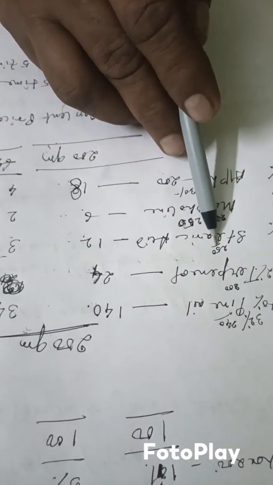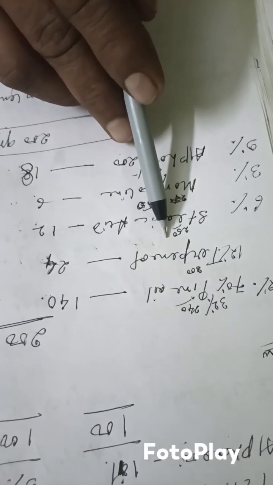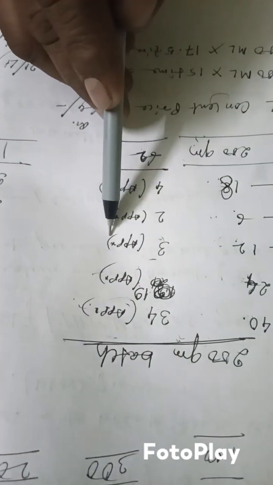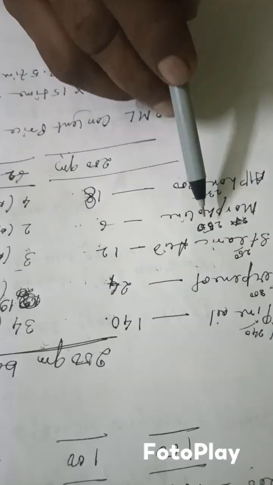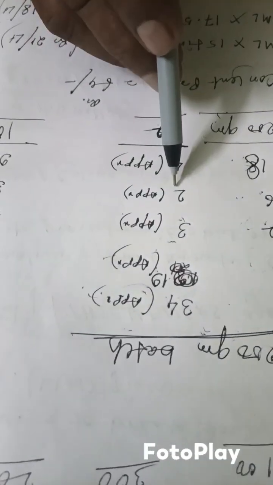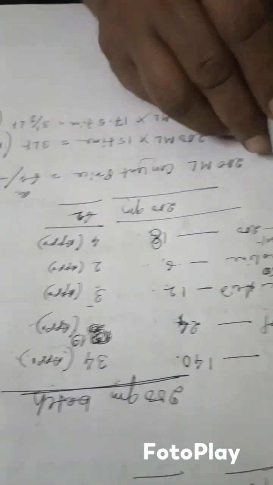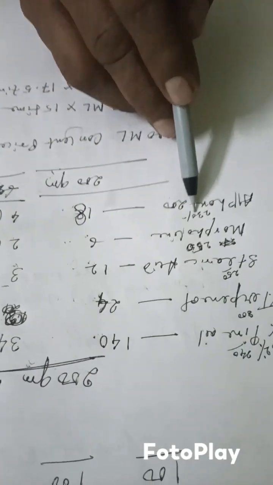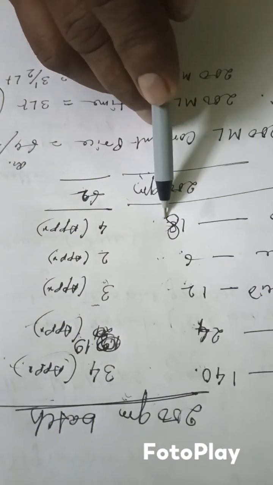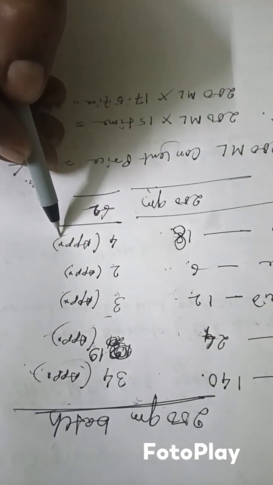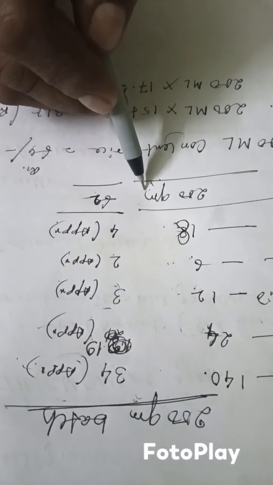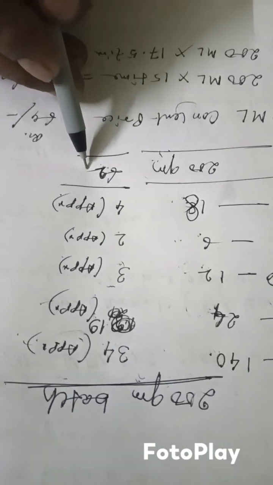Stearic acid 250 rupees per kg, 12 gram, rupees 3 approximate. Morpholine 250 rupees per kg, 6 gram, rupees 2 approximate. Alphox 200 230 rupees per kg, 18 gram, rupees 4 approximate. Therefore the 200 gram batch of concentrate is 62 rupees.